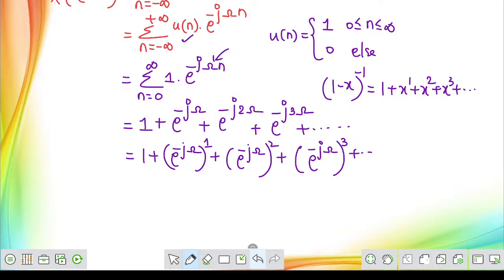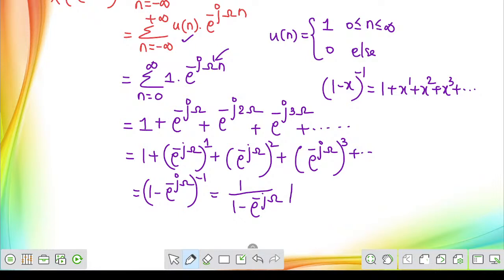So this expression can be written as 1 minus e power minus j omega whole inverse. In place of omega, just keep any one symbol. Don't get confused, both are the same. So 1 minus x whole power minus 1, or it can be written as 1 upon 1 minus e power minus j omega.